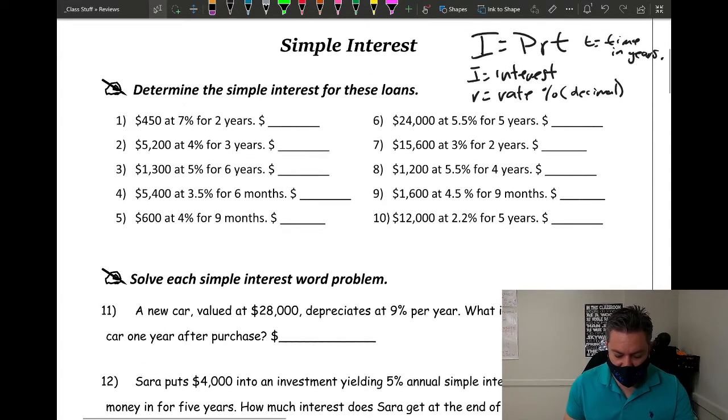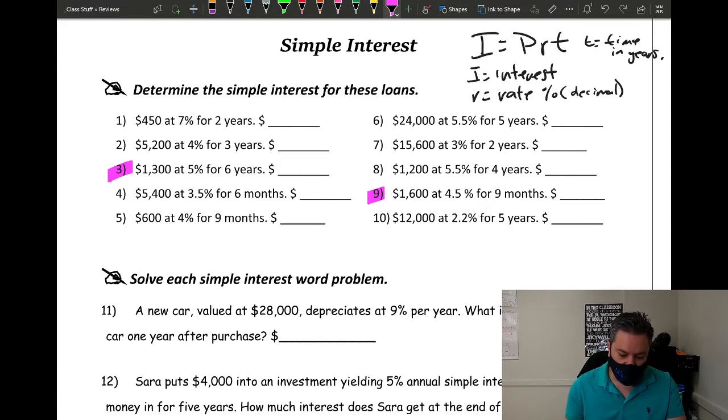So for this example, I'm going to do a few examples, and I'm going to do, for instance, number 3, and number 9 right here on this first page. Because I want to show you the two different things when you have months and when you have years.